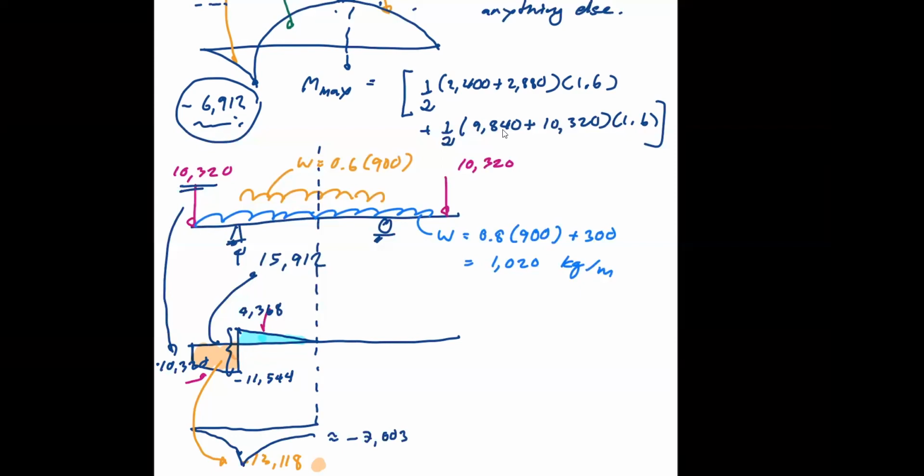So this can happen. See, blue area is smaller than the brown one.